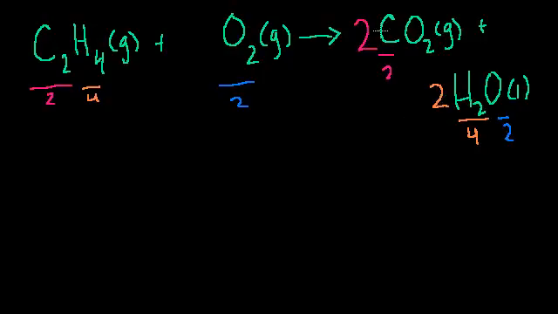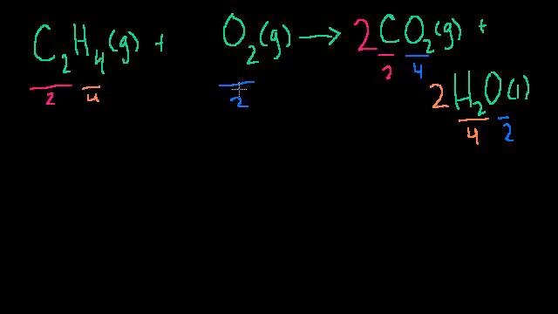And in the carbon dioxide, I have 2 oxygens in each carbon dioxide, and I have 2 carbon dioxides when I put that magenta 2 out front. So how many oxygens do I have? 2 times 2, I have 4 oxygens. So on the left-hand side, I have 2 oxygens. On the right-hand side, I have 6 oxygens: 2 in the 2 molecules of water, and 4 in the 2 molecules of carbon dioxide.